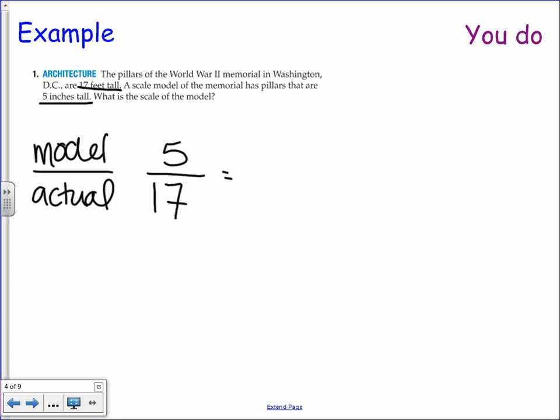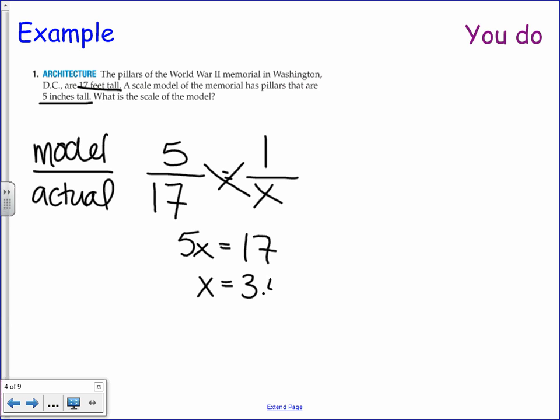And we're trying to find out the scale, so it's 1 over x. So we cross multiply, 5x equals 17. Divide 17 by 5 and we get 3.4. So we have 1 inch is equal to 3.4 feet because our model is inches to feet.